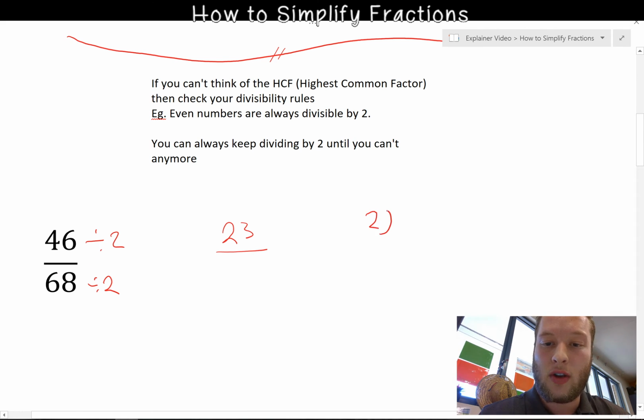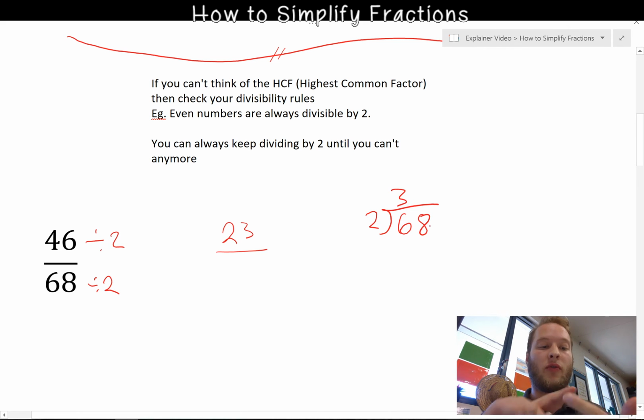So I go 2 into 6 and 8. 2 into 6 goes 2, 4, 6, 3 times. 2 into 8 goes 2, 4, 6, 8, so that's 4 times. I've got no more numbers to go, no remainders, so my answer is 34.